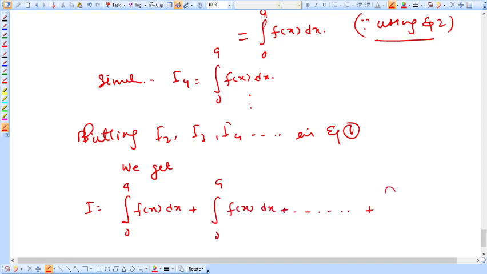All the integrals will be the same, they are occurring n times, okay.